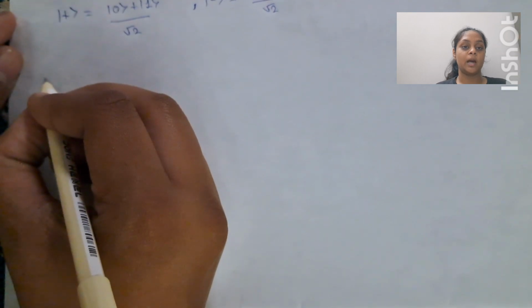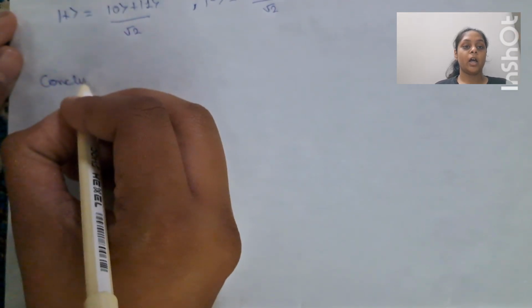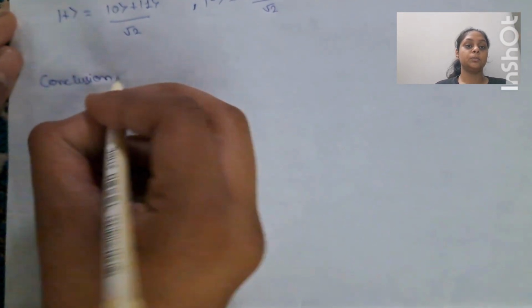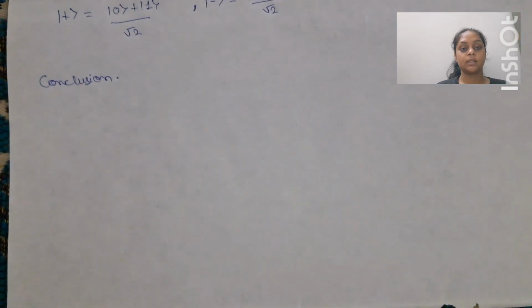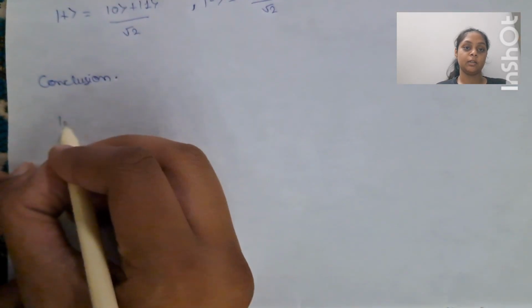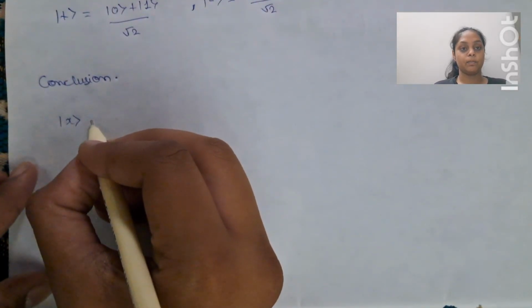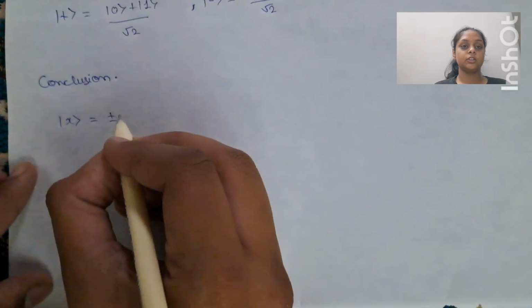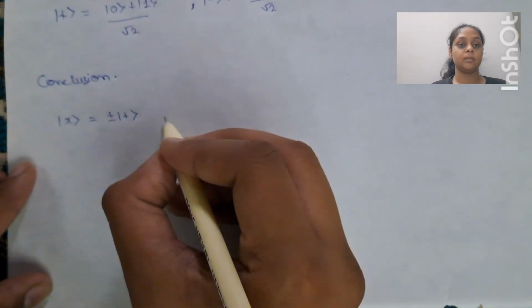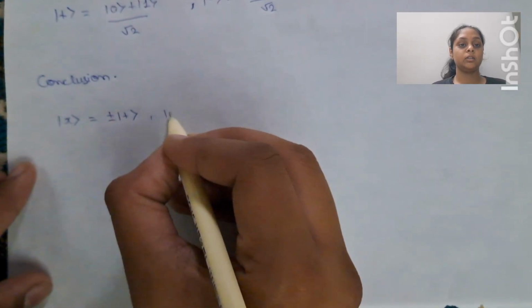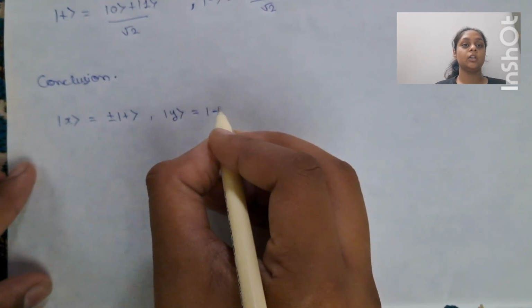Now let us see the conclusion. When the function is constant, in |psi 3>, the first qubit, that is |x>, will be either plus or minus |plus>, and the second qubit, that is |y>, will be |minus>.